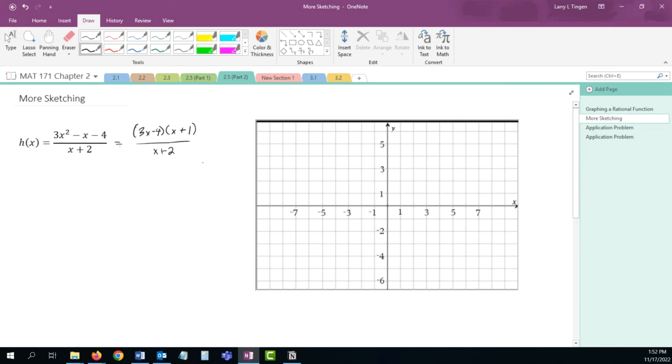Do any of these match? No, no factors are shared. So again, there's no holes. But I do have a vertical asymptote when... I got ahead of myself. I was so excited to draw the arrow that I forgot to do math. When x is -2. Okay, how about the horizontal?